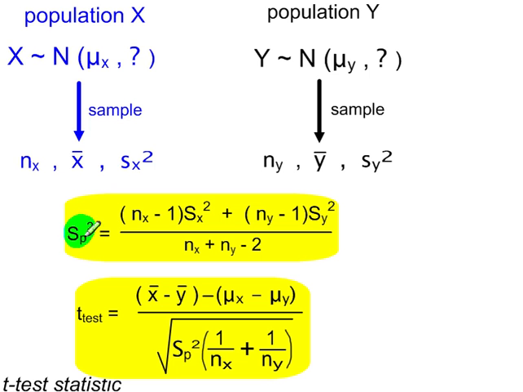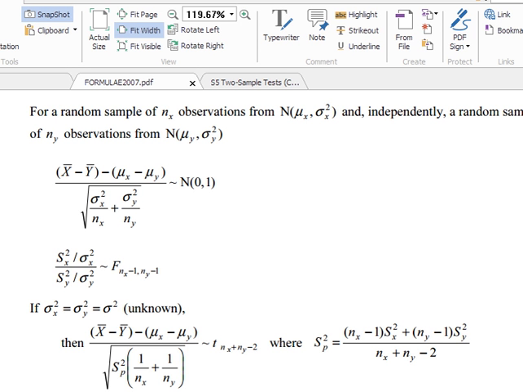And this value then feeds into our test statistic formula for the t-test. We're using this pooled estimate for the variance to estimate the population variances, which are unknown. The formulae are given on page 12 of the AQA formula book.